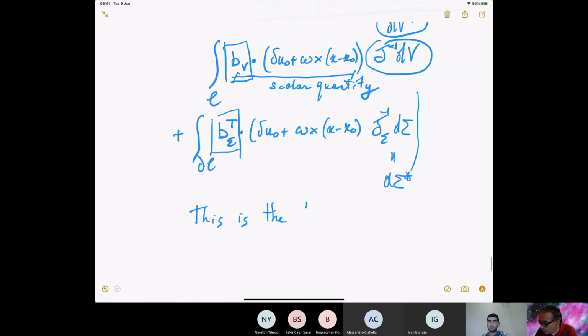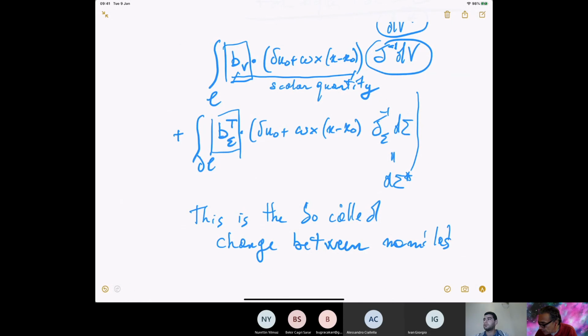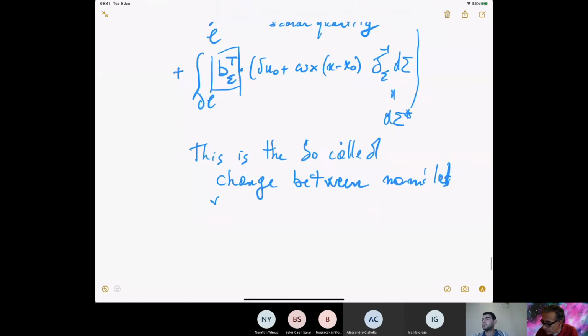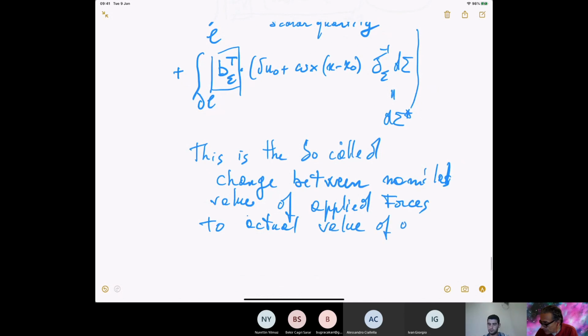the so-called change between nominal value of applied forces to actual value of applied forces.